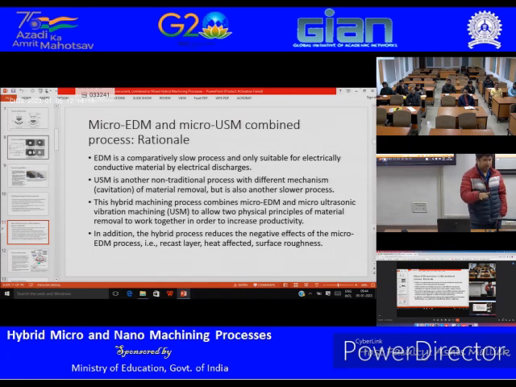That means the vacuum created during the pressure differences helps to take out the debris. So remember, you use ultrasonic vibration in the micro EDM process. Here, with ultrasonic vibration, you are just adding some abrasives, right? So instead of just the dielectric, you are using some dielectric with the slurry particles suspended in it, right?